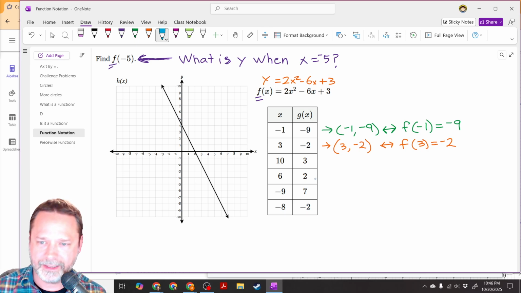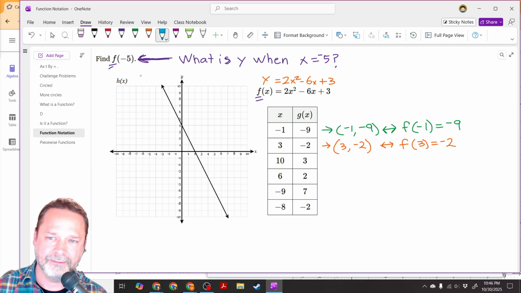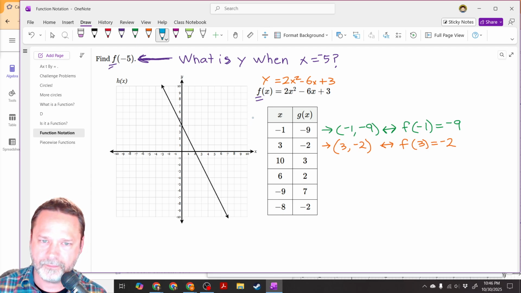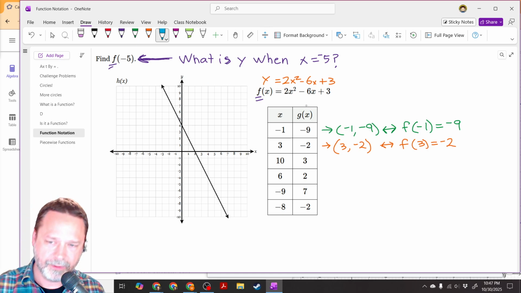Okay, so now that we got that out of the way, let's go ahead and find what's f of negative 5. Again, that means evaluate when x is negative 5. So let's do that. We're going to do some evaluations here. I'm going to do a few. Oh, and actually, I shouldn't have been using f here.